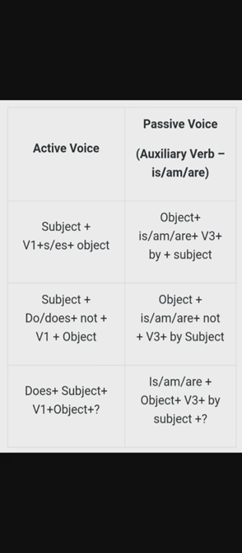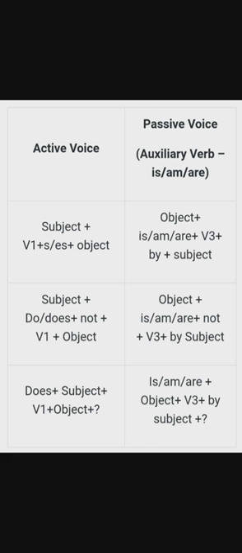Ram is the subject, play is the first form of the verb, s is there, plays, and the object is football. Now conversion into passive voice. First will be the object. So what will be the object? Football. Now is, am, are. Out of the three we have to use whichever is suitable. So what will be suitable? Is. Now V3. V3 means the third form of the verb.